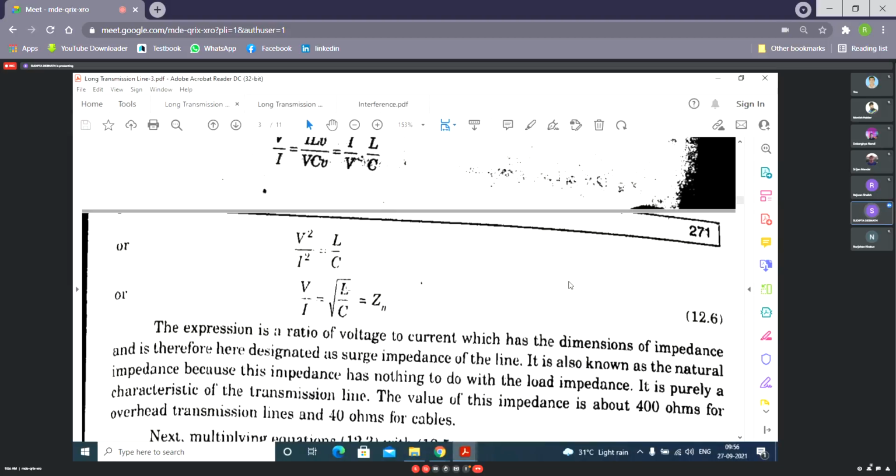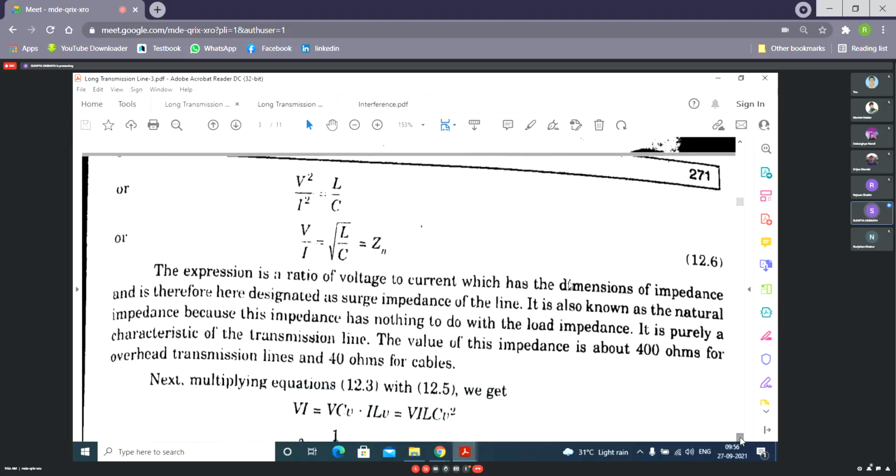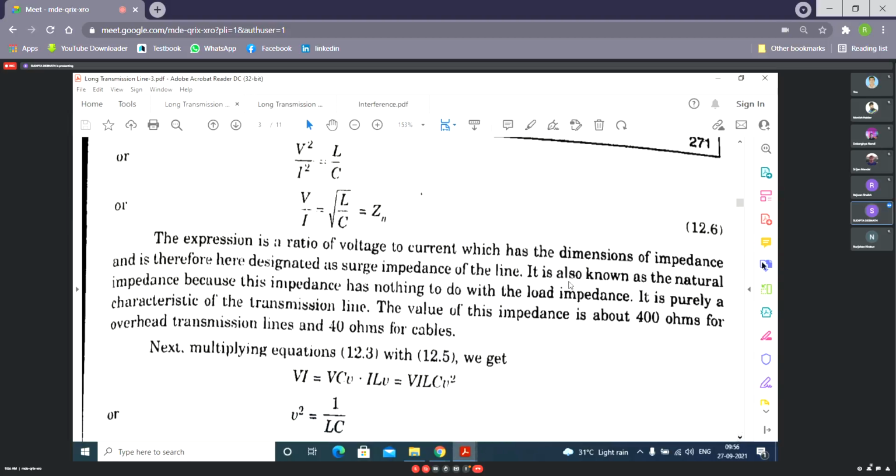You consider r dash approximately equal to r, so it will be independent of the radius. Ultimately you will have some constant terms, and the value will be approximately 400 ohms. You can check. For cables, it will depend upon the permittivity of the material, so it will be different.